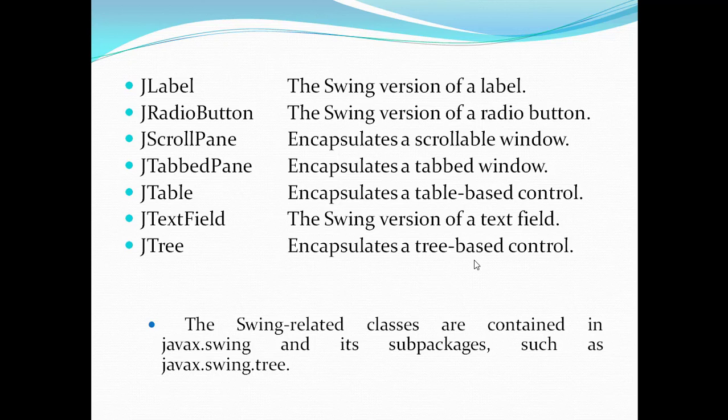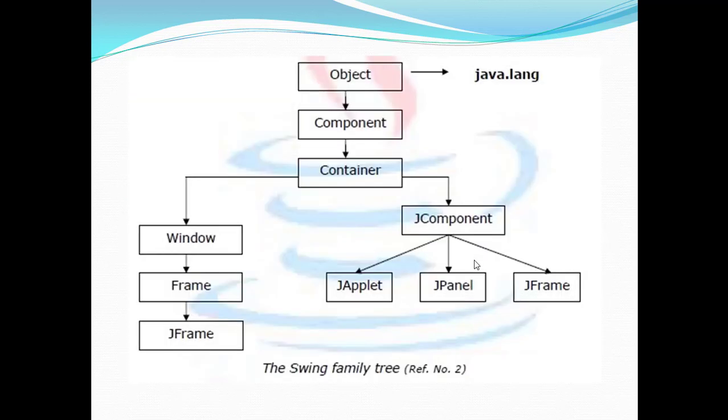The swing related classes are contained in javax.swing package and its sub packages such as javax.swing.tree. These are the packages like this. This is a swing family tree or class hierarchy.